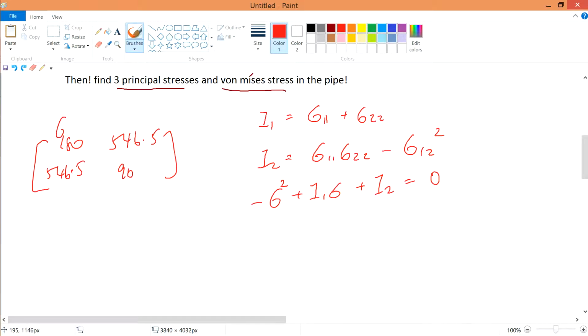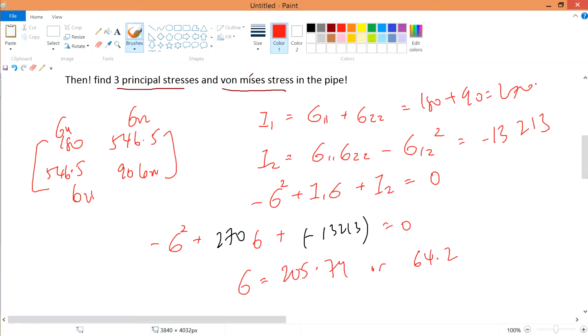Alright, this is our sigma 11, sigma 12, sigma 22, and sigma 21. Just simply sub in sigma 11 plus sigma 22. So what I have is 180 plus 90, 270. And then the rest you can calculate yourself. And we have 205.79 or 64.2.